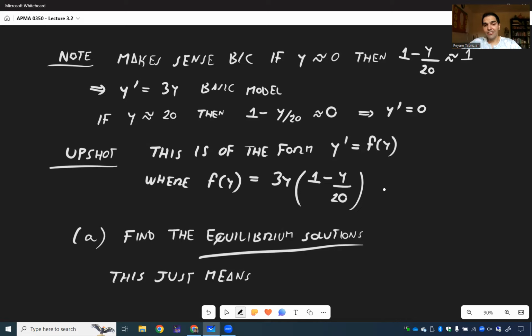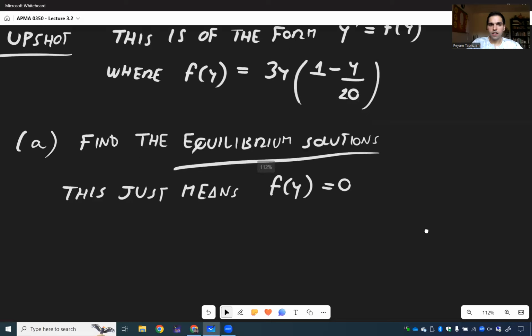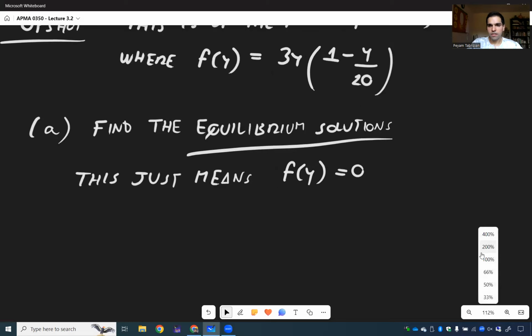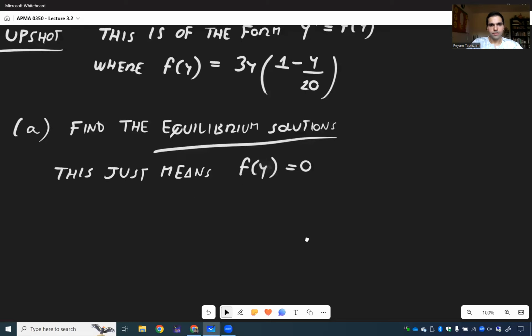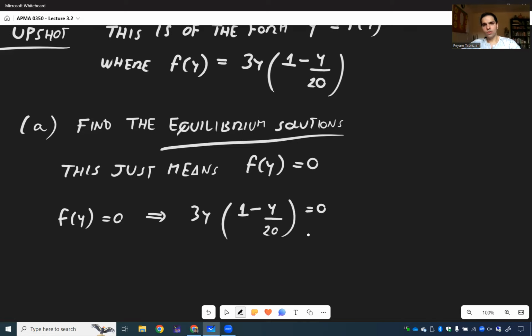Again, that's literally the definition: f of y equals 0. So let's do that and see what we find. f of y equals 0 means 3y times 1 minus y over 20 equals 0.